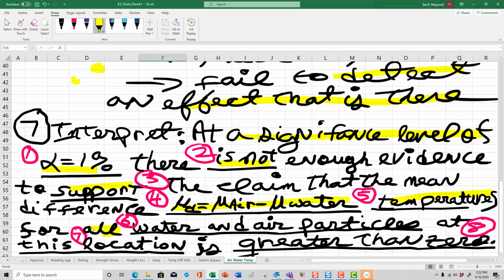The hypotheses are about a population parameter. So 6, water and air talk about the population. This particular location, it could be something different someplace else, is, now talk about the interval that the claim is about, greater than 0. The end.